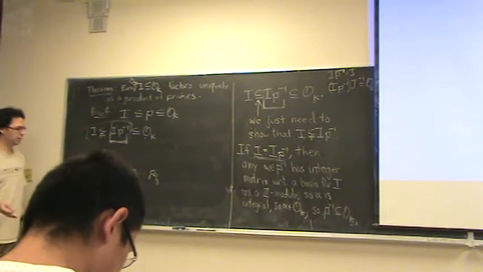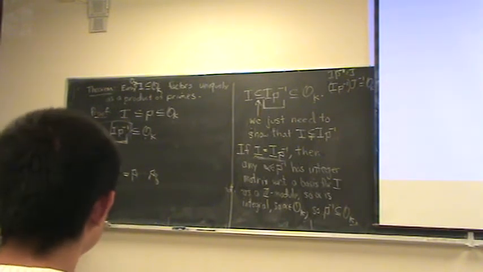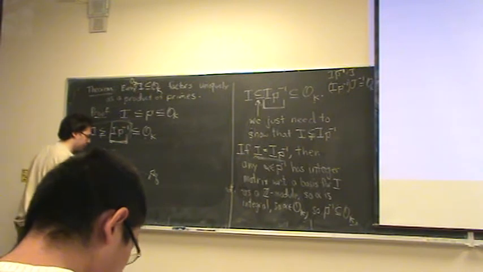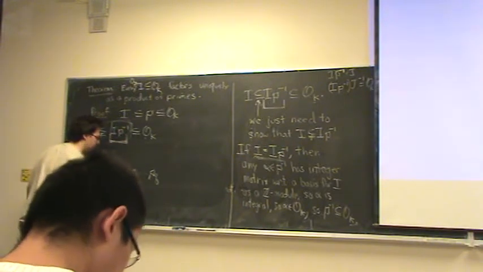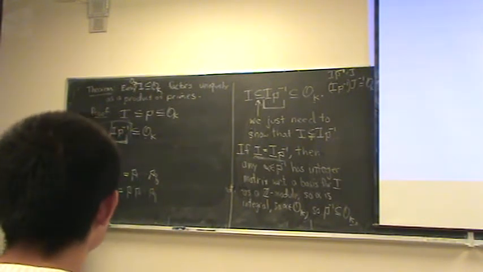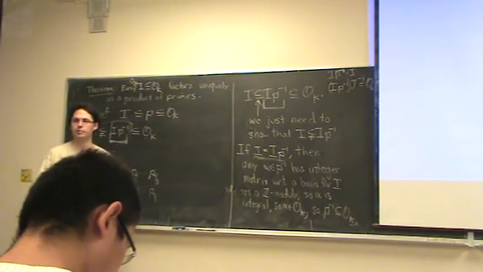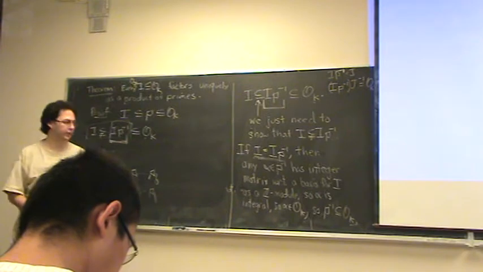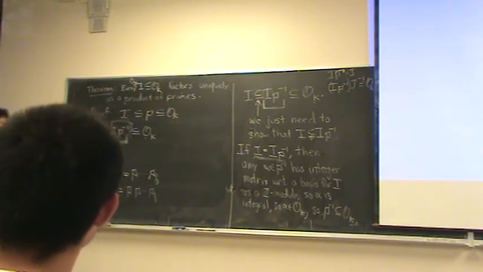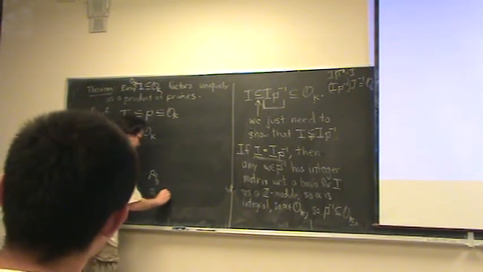And now, again, we're working with the group, so you can multiply both sides. You get that I equals P times P1 up through PQ. So I've now shown that every ideal has a representation as a product of primes. Finally, the very last thing is to show that this representation is unique. So suppose it isn't.